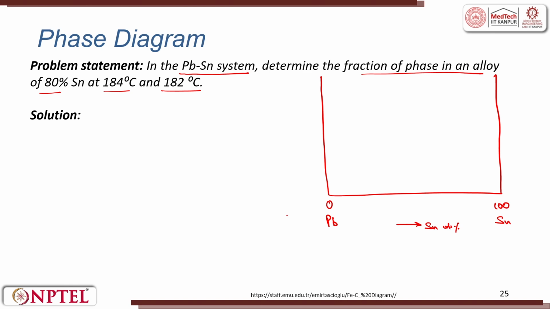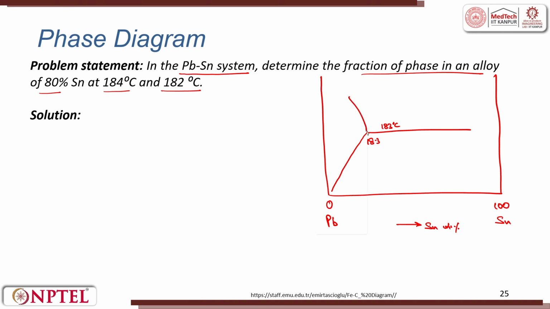For the temperatures, at 183 degrees and 18.3% of the tin, we have the alpha, that is the tin converting to the liquid phase.